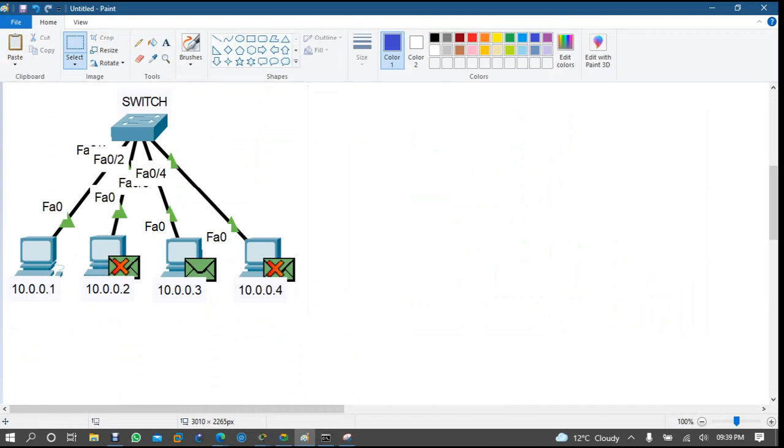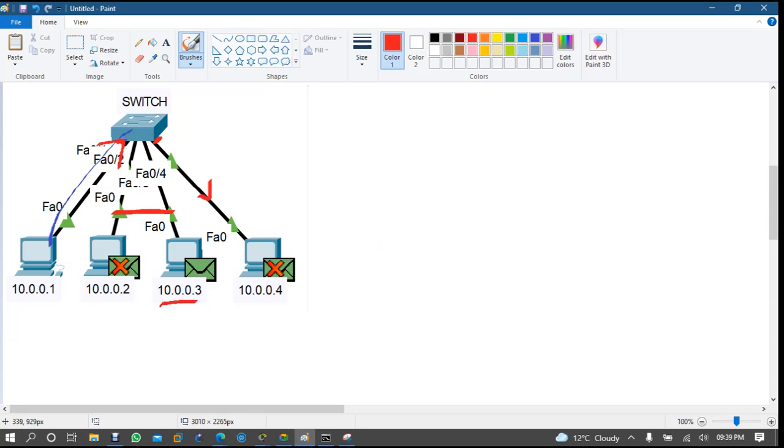Now you are asking why the switch broadcasts. See, the packet came from here to here, and the switch knows who is connected on this port and who is connected here. So if the switch were broadcasting only on these two ports, I could understand. But why is the switch broadcasting on every port except the receiving port? Now see what the problem is. The switch does not know the MAC address.